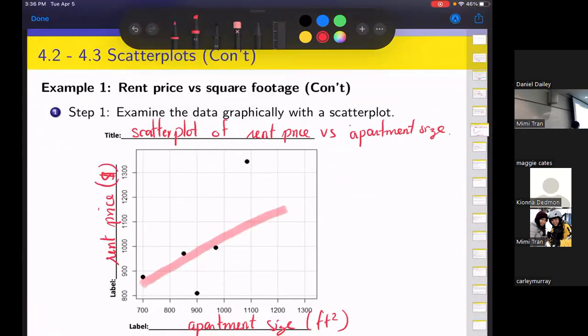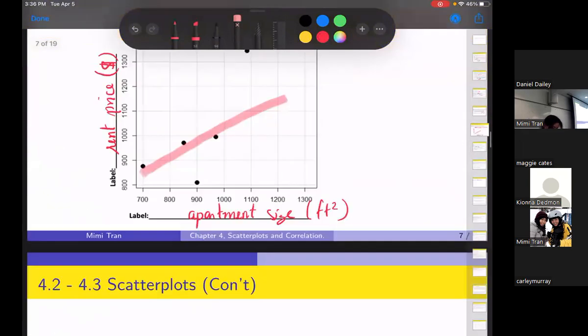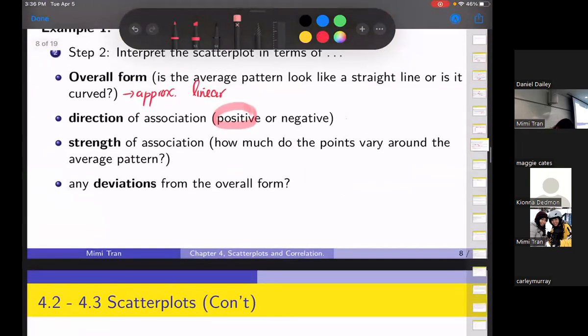See how much the points deviate from this red line. That's how strong your relationship between X and Y is. For me, I would say moderate to strong, moderately strong. Let's say moderate.